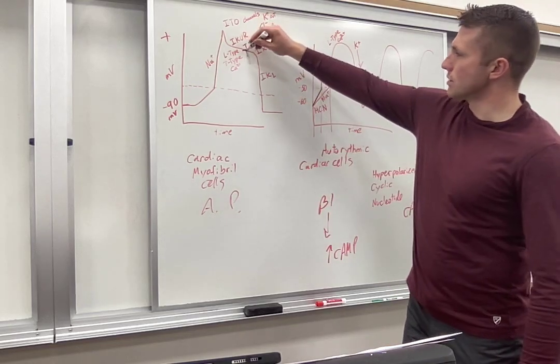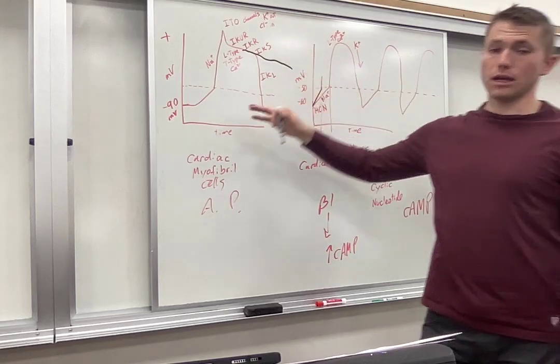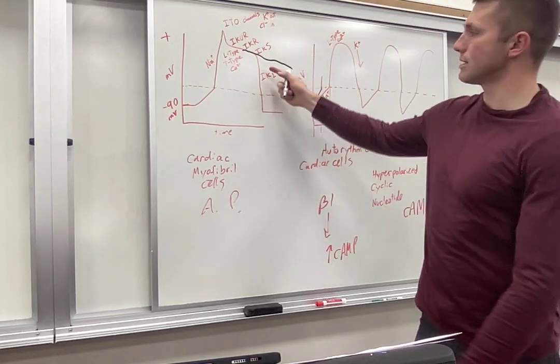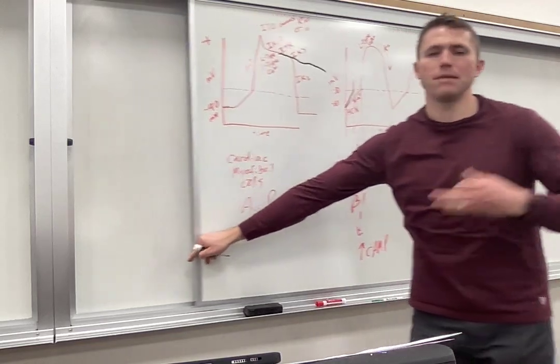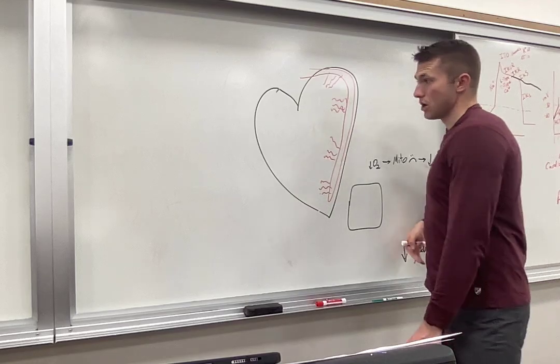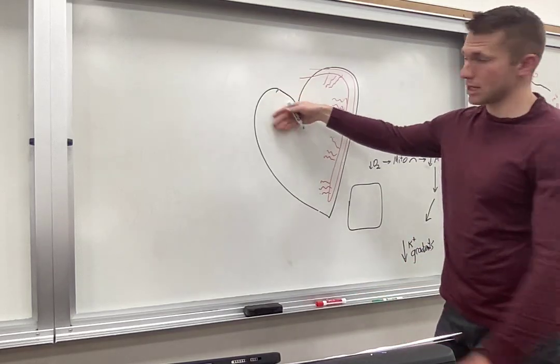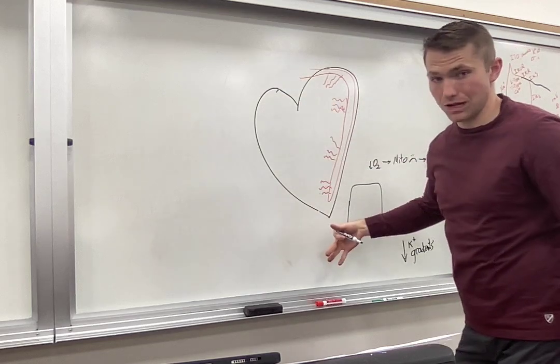So we start seeing this plateau phase elongate a lot because potassium isn't rushing out of the cell, making it back to negative. And so what we see is an action potential happens in the heart, boom, everything becomes negative on the outside.